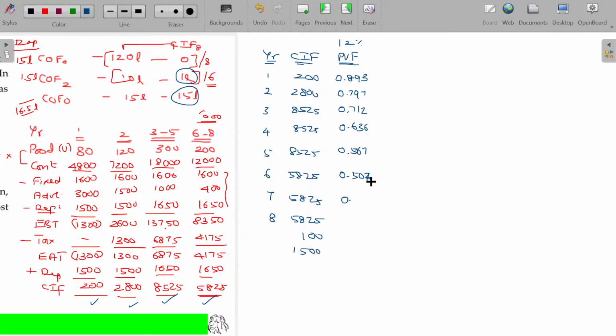Finally 0.452, and the last one for all the three, 0.404. I can round this off for all the three.